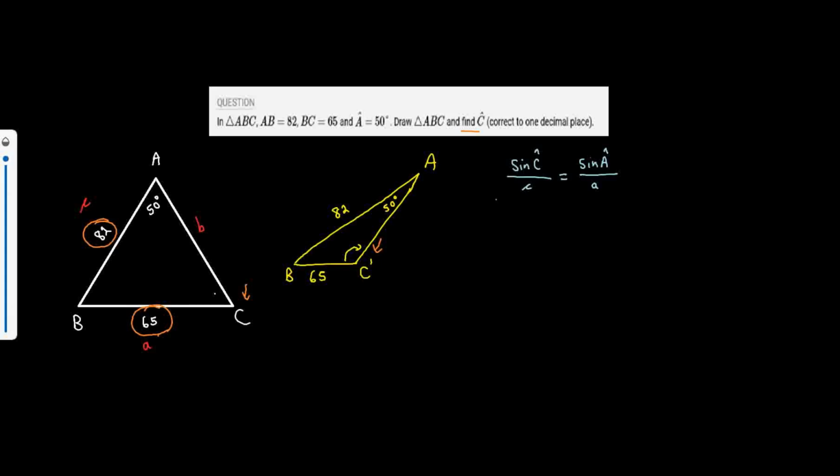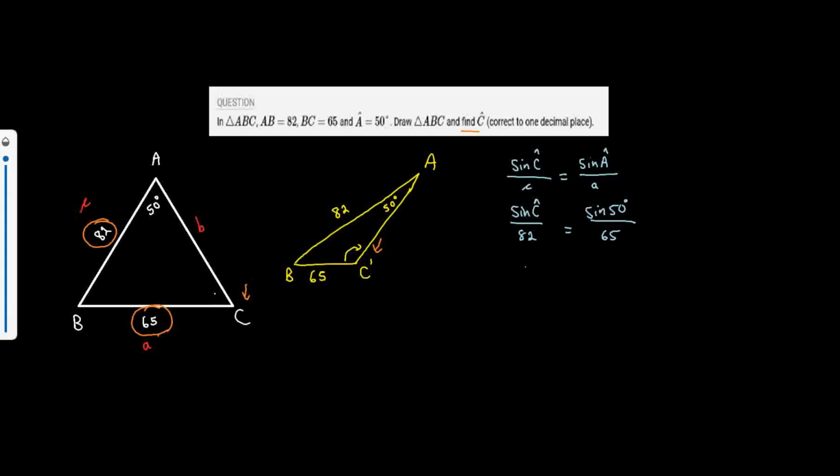So let's calculate angle C. We're going to say sine angle C over variable c, which is 82 units, is equal to sine A, which is sine 50 degrees, over variable a, which is 65 units. And now we just basically solve for angle C. So I multiply both sides of the equation by 82.